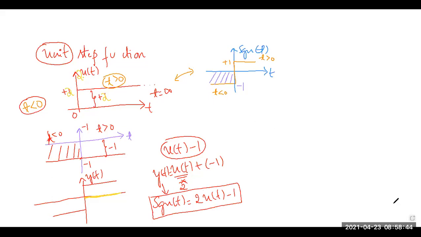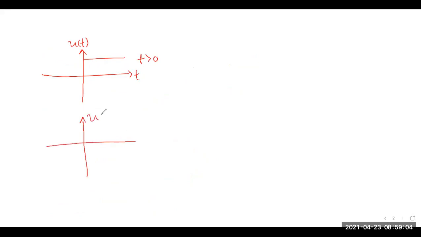I can also have one more relation between the unit step function and the signum function, which can be thought of like this. So this is u of t. This part is only defined for t greater than 0. Likewise, if I were to draw u of minus t, what will I get?